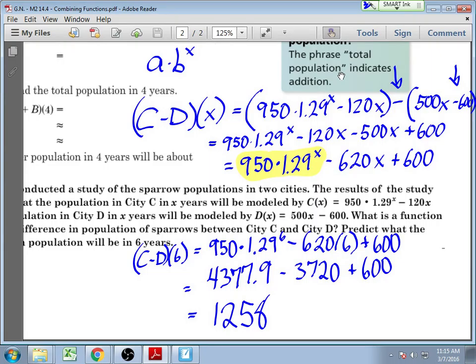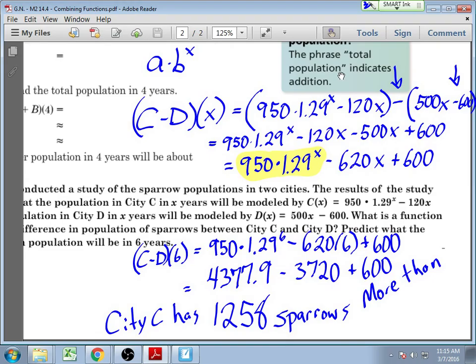My label there, we were modeling sparrows. And what's that really telling me? There's that many more sparrows in city C. So what that says is they weren't talking about parks, they were talking about cities. City C has 1,258 sparrows more than city D.